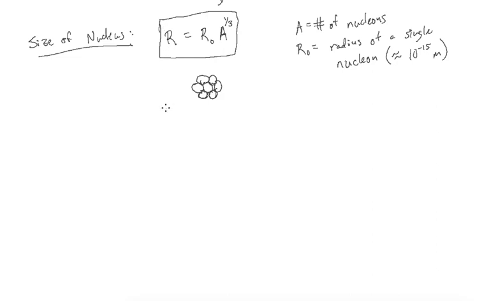And then from there, we can talk about the density of the nucleus. Density, of course, is just mass over volume, the total mass over the total volume of the nucleus.